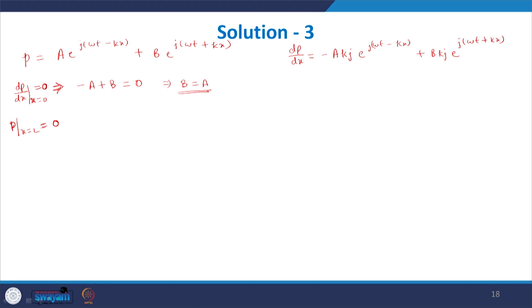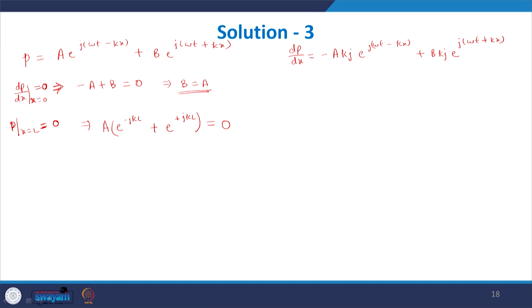The second condition is that the acoustic pressure becomes 0 at the open end, p at x equals L is 0. Putting that here, now B is equal to A, which means A times e to the power minus j k L plus e to the power plus j k L. Here e to the power j omega t is a common term which we have removed. This becomes equal to 0.